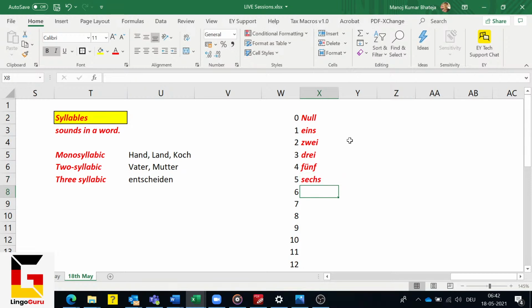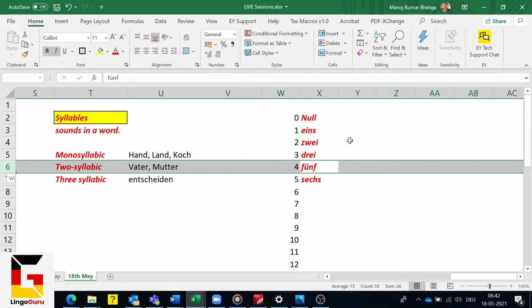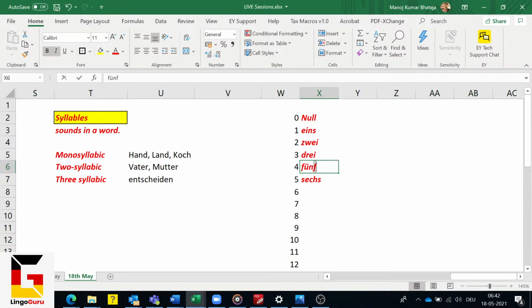Sechs, monosyllabic. Sechs. Oh, 1, 2, 3, 4. Tut mir leid, this is my bad. I skipped one. So it is vier, 4. 5, 6, 7. Again monosyllabic.